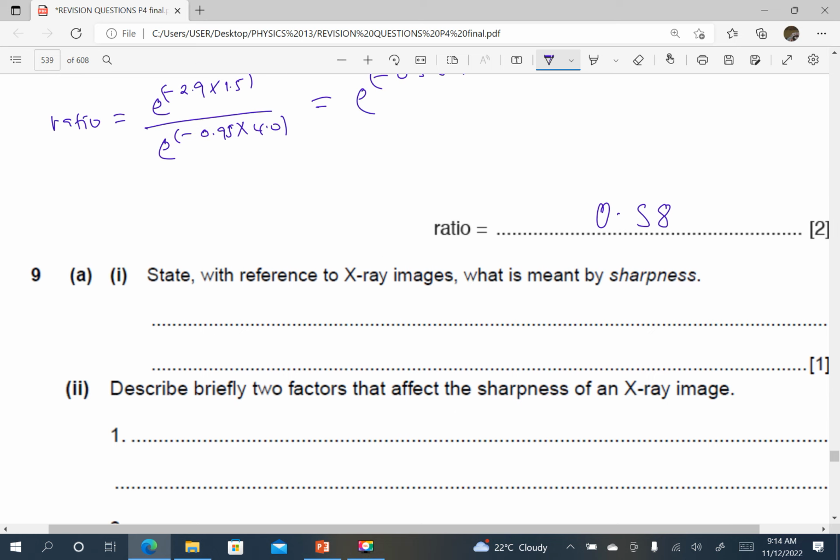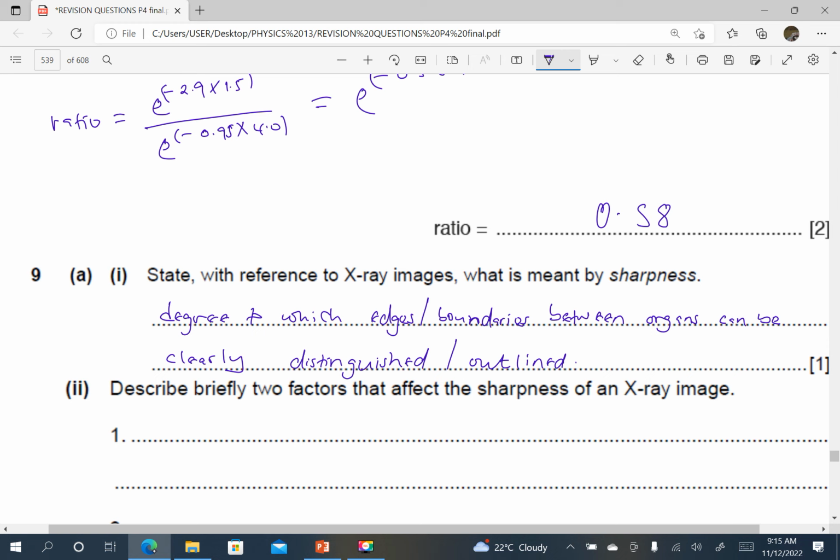So we shall say sharpness is the degree to which the edges or the boundaries between organs can be clearly distinguished or outlined. That's what we call sharpness.